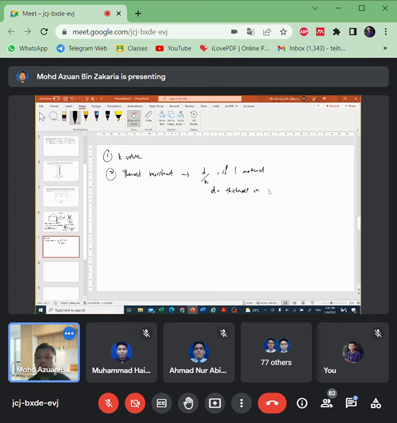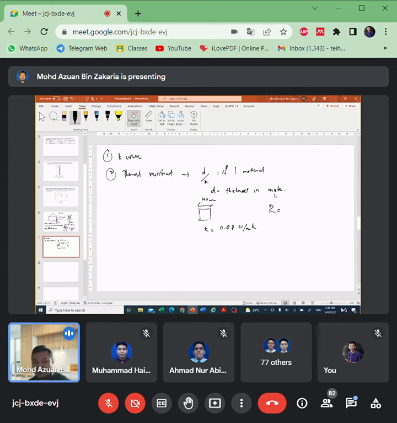D is thickness in meters. If I have a brick with a thickness of 100 millimeters, and the K value is, for example, 0.08 watt per meter Kelvin, what is the resistance value?